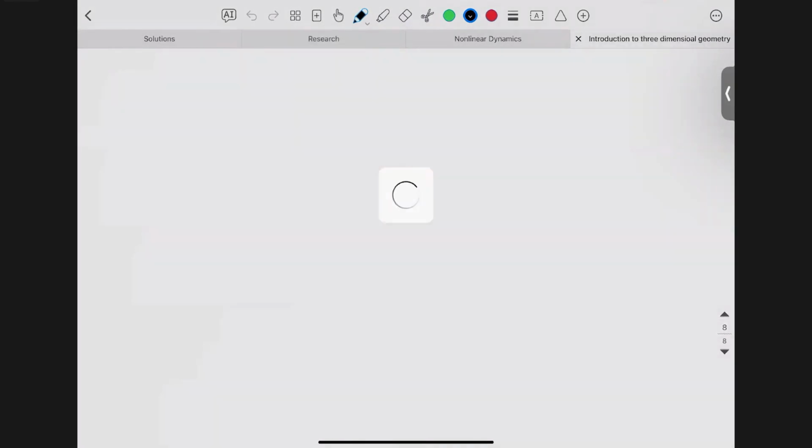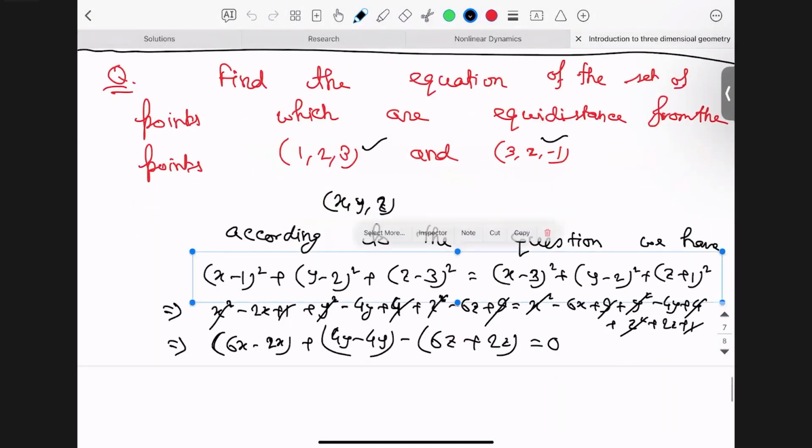So this is 4x plus 0 minus 8z equal to 0, which gives x equals 2z.